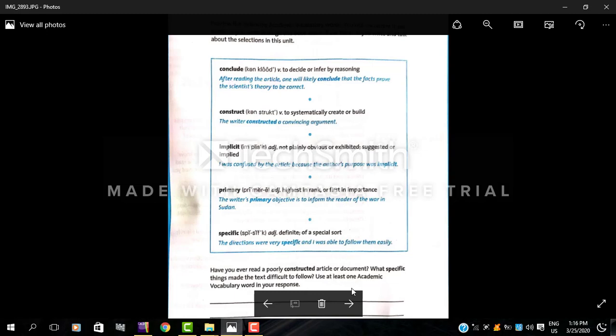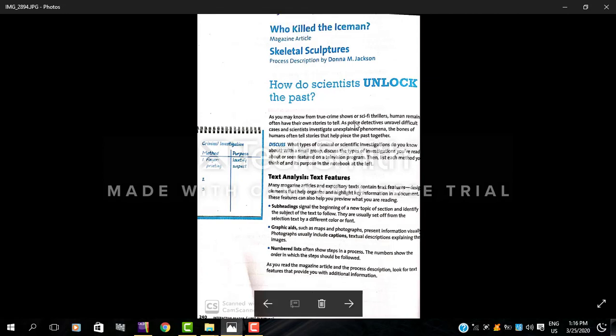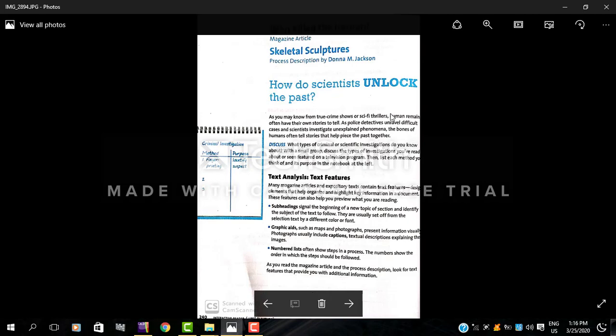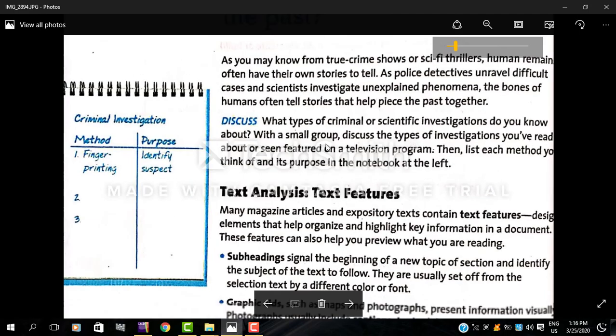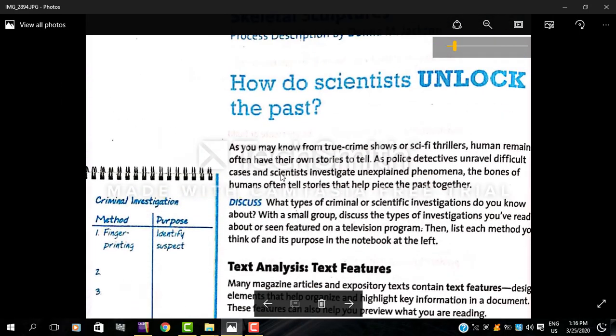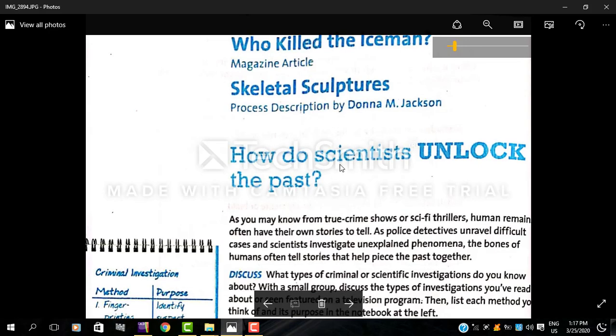Okay, go to the next page. Okay, on the next page, this is before reading our selection. We have this rubric which we are going to talk about today. I want you to look at it. What is this again? It is called Who Killed the Iceman?